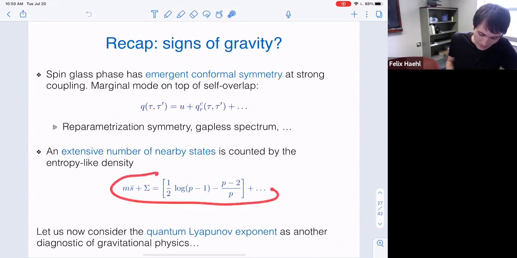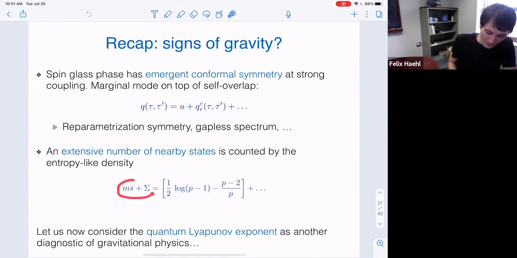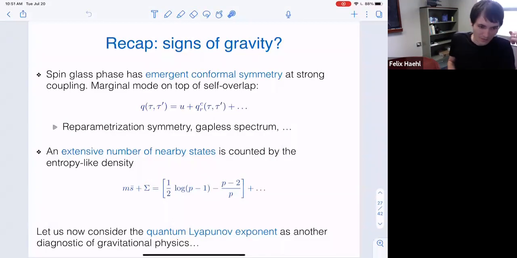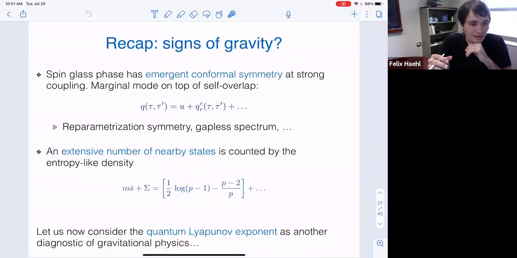Indeed, the number of nearby states in the system is counted by the entropy density plus this complexity, and this expression here is precisely the complexity, because the entropy density itself is zero to leading order. So the fact that we have an extensive number of nearby states in this model really comes from this complexity.